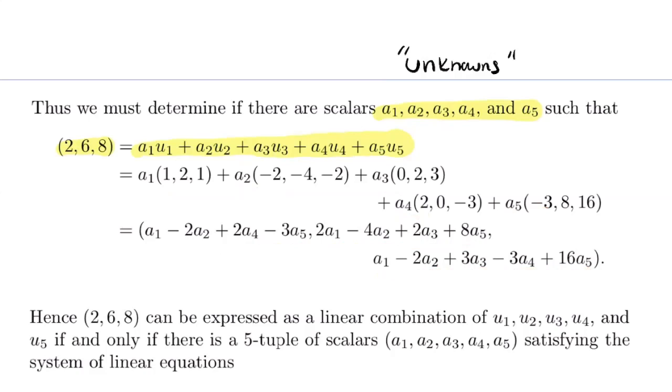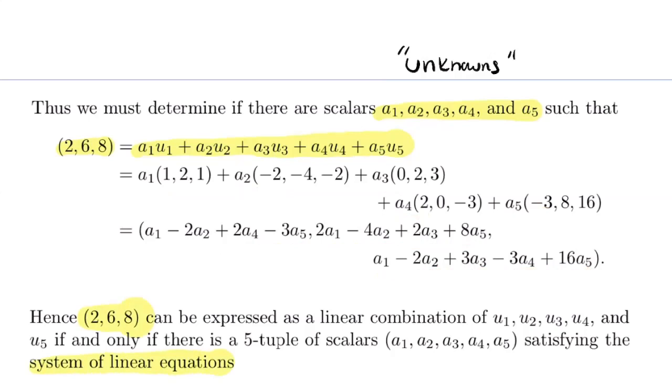And then we can reorganize our information. This thing, oops, sorry about that, (2, 6, 8) is a linear combination of those u's if and only if these scalars, a1 to a5, satisfy what the author's calling a system of equations. Where does this system of equations come from?